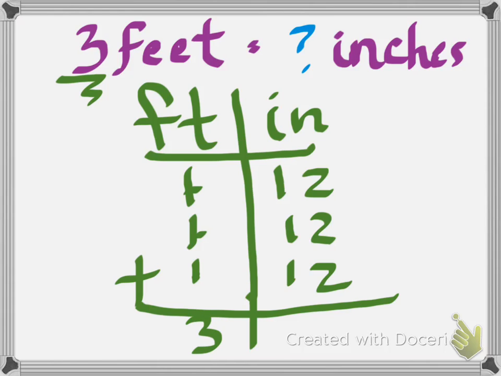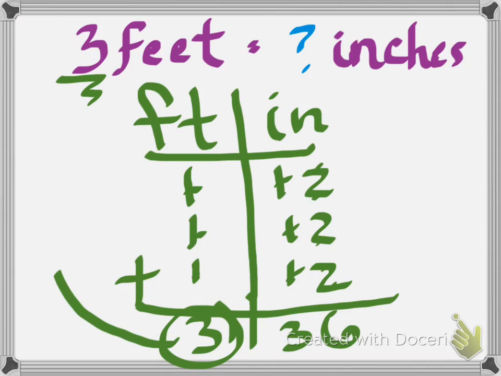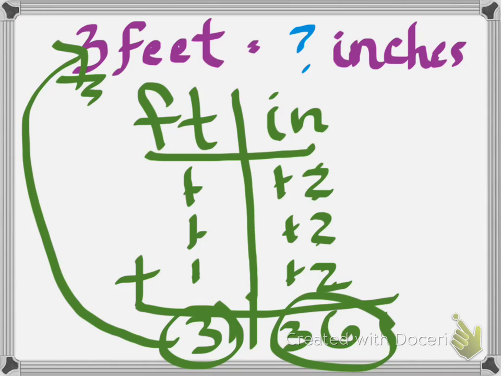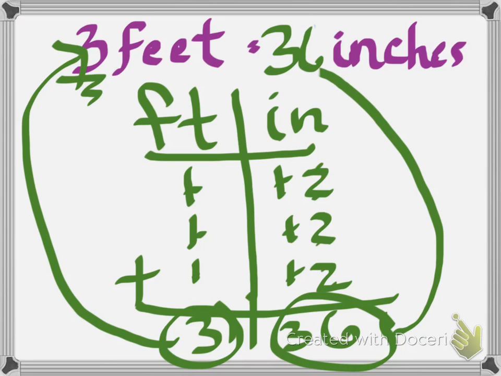Then I add up the inches, 1, 2, 3, 4, 5, 6, and then 1, 2, 3. The 3 feet go over here, and the answer to our problem, 36 inches, goes over there. So 3 feet equal 36 inches.